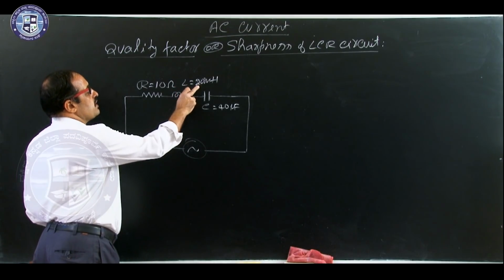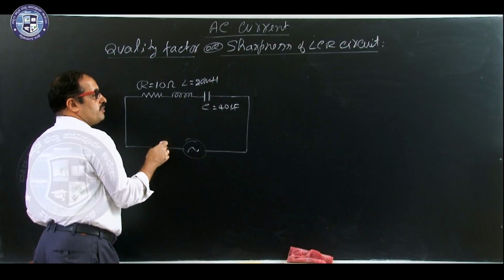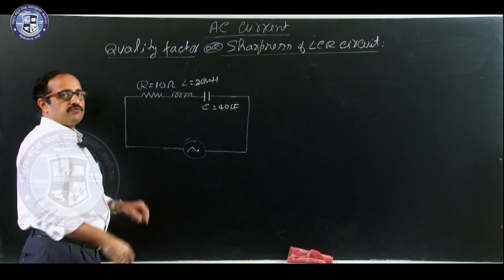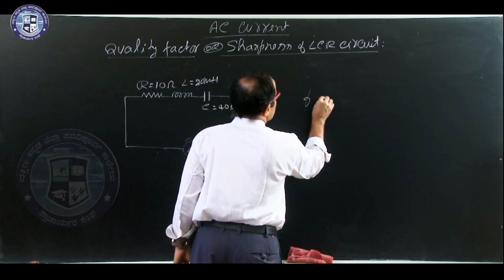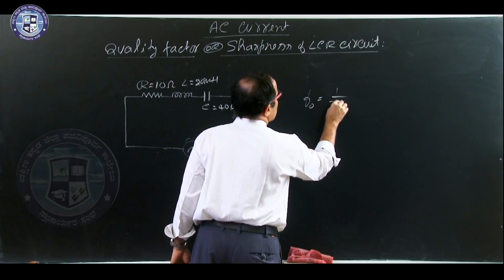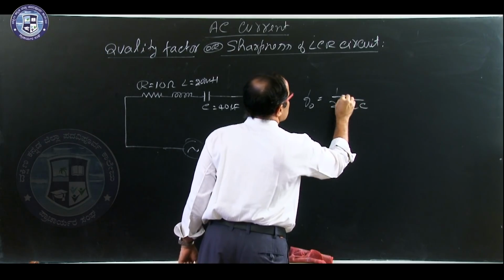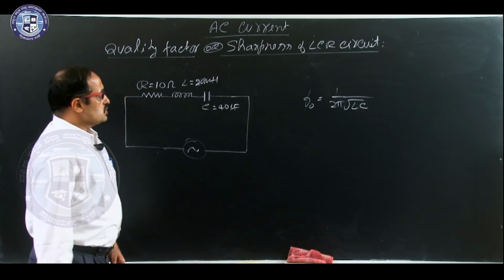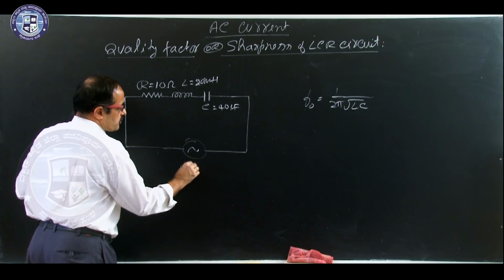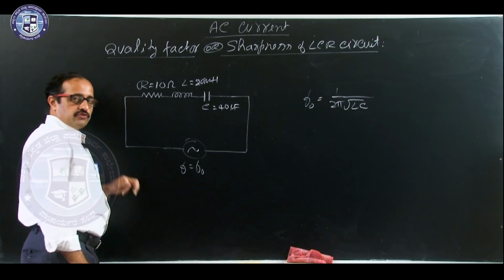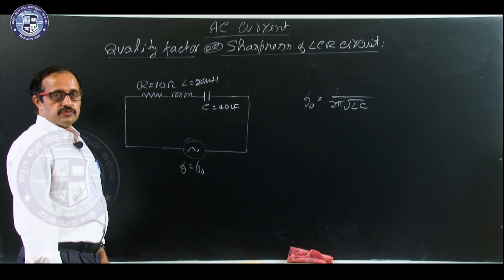Now, because L is 20 millihenry and C is 40 microfarad, it has its own resonant frequency. What is the formula for resonant frequency? F naught is equal to 1 divided by 2 pi root LC. So we can find the resonant frequency, and the frequency of the AC source is adjusted to the resonant frequency. It is already at resonance.